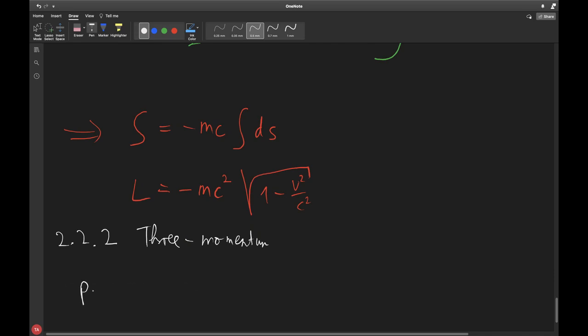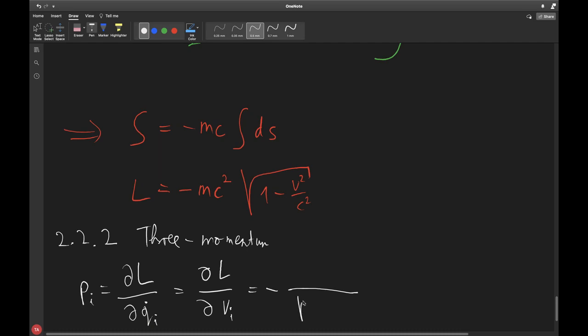So earlier we were discussing that p_i we get by deriving the Lagrangian by the q_i dot, the generalized velocity. So I can rewrite this as the derivative of L with respect to v_i. When I do the derivative of a square root, that's going to be 1 over the square root.